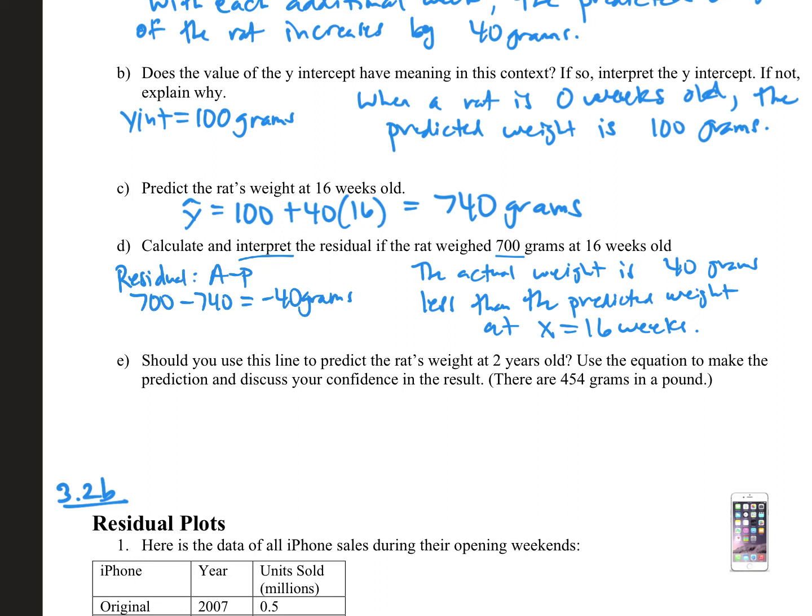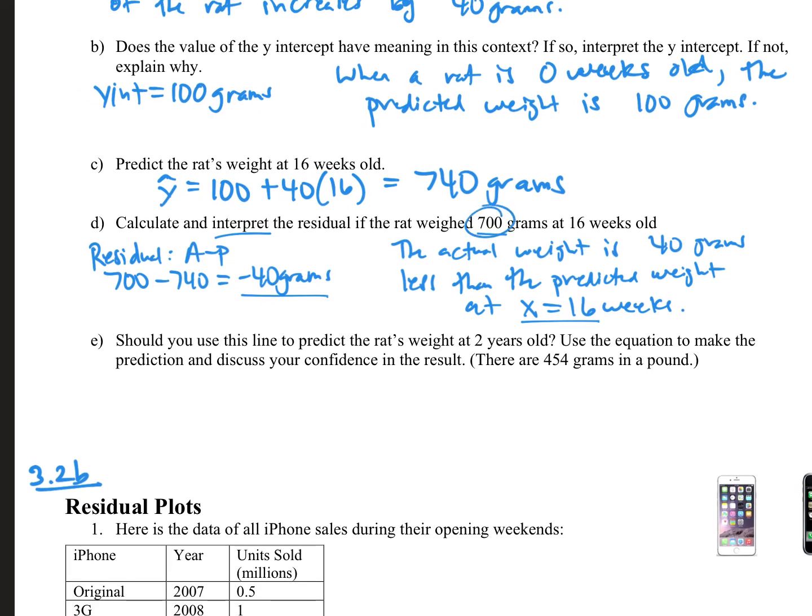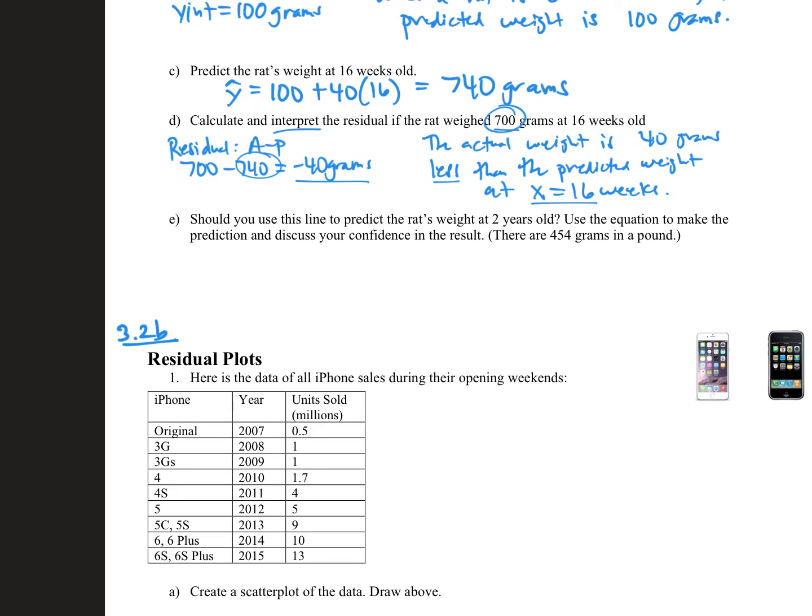So the residual here is negative 40, but only at x equals 16. It's not at x equals 12 or 14 or whatever. So actual is 700, this was 740, so the actual weight is 40 grams less than the predicted weight. You could also say the predicted weight was 40 grams more. Whichever one you want to use, it doesn't matter.